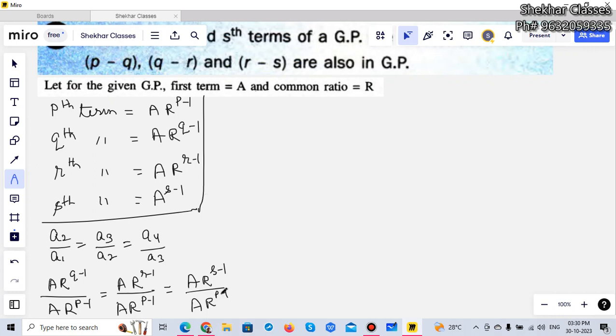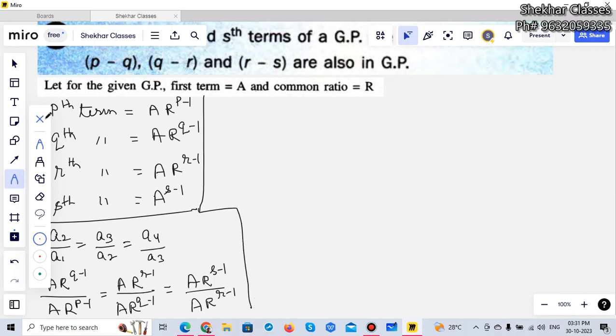Okay, we have to correct some small error here. I wrote p minus 1 here, so this is an error and we correct it. So it will be r minus 1 upon q minus 1 here, and here it will be s minus 1 upon r minus 1.